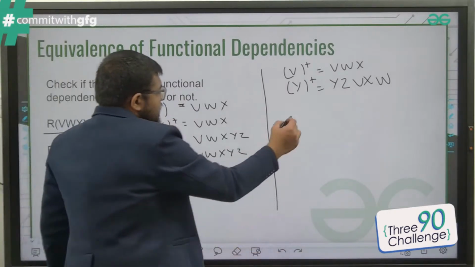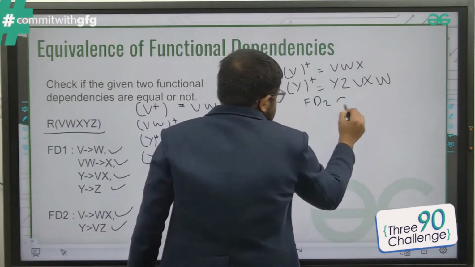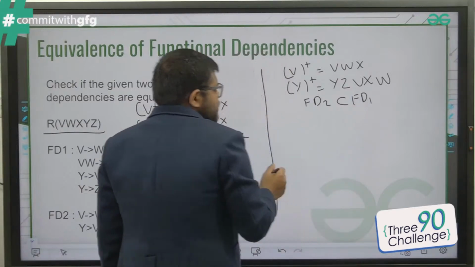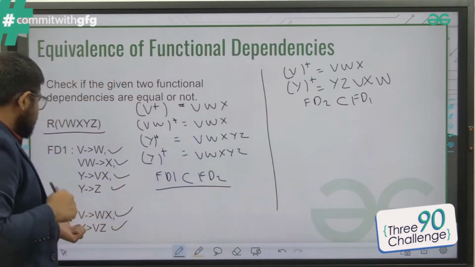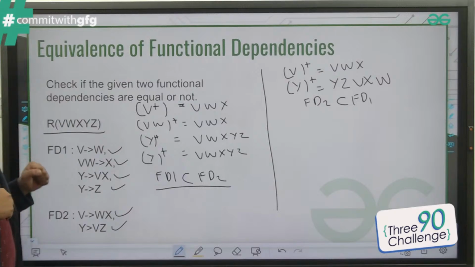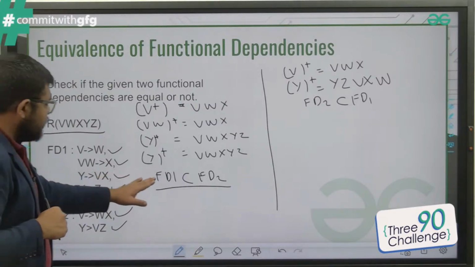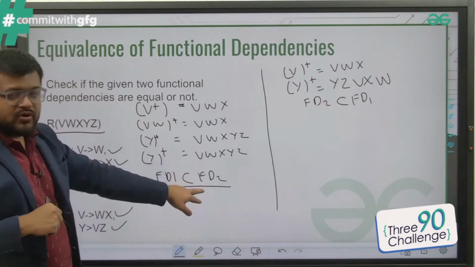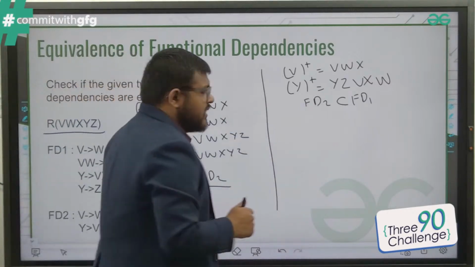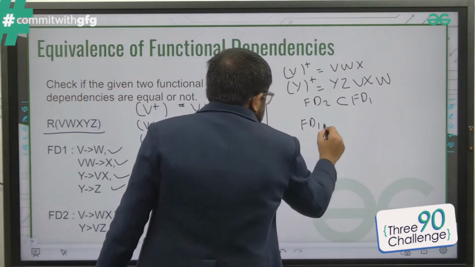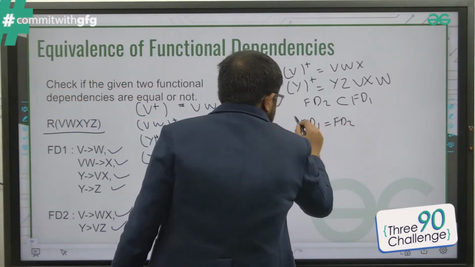So from this I can say functional dependency set 2 is a subset of functional dependency set 1, because the expressive power of functional dependency set 2 is also present in functional dependency set 1. Now if functional dependency set 1 is a subset of 2 and 2 is a subset of 1, then can I say functional dependency set 1 equals functional dependency set 2?